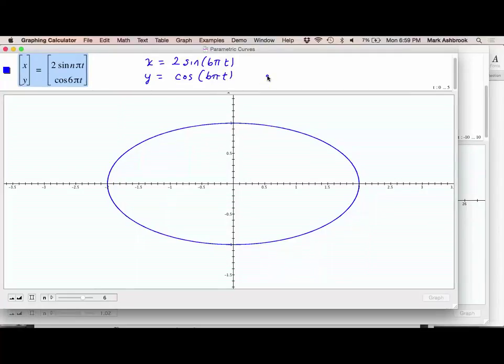So when you use parametric equations and use sine and cosine with x and y, then you get ellipses and circles, okay? So this one in particular is an ellipse.